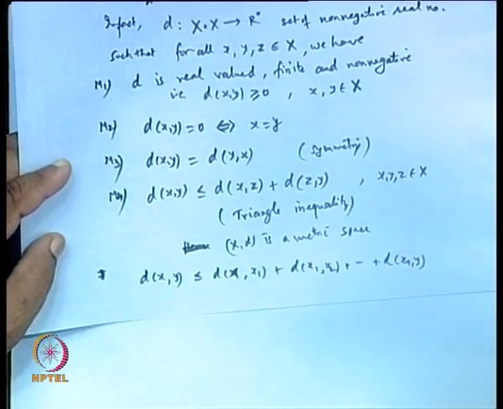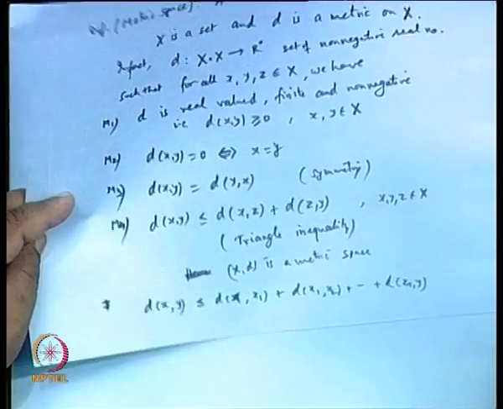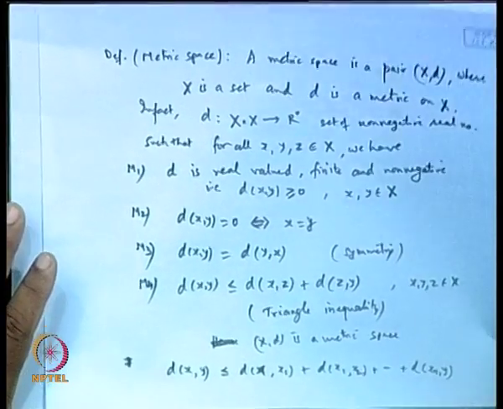So, this idea can be generalized in general. Okay. So, that will sometimes be used. Now, let us see a few examples based on this definition to justify whether it is a metric space or not.